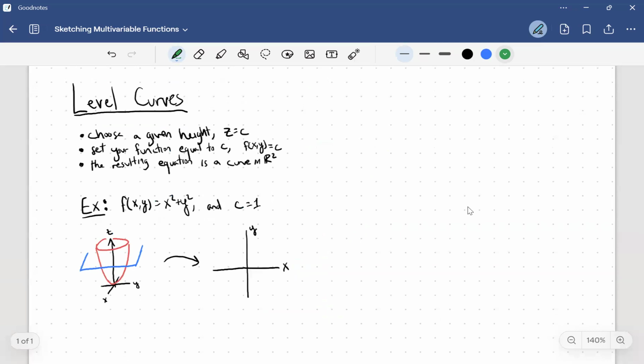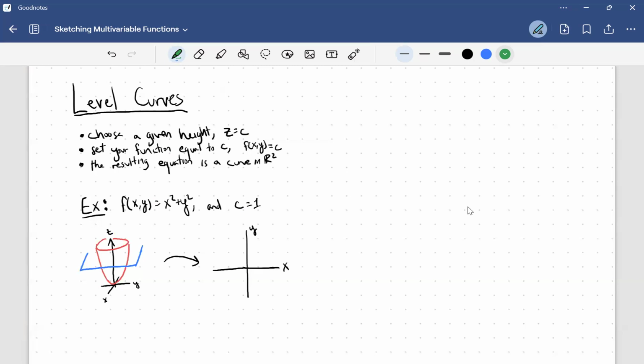So remember, for our level curves, we would have our original function, our f of xy. We would choose a given height that we're interested in. So let's say our height is this value c. And then we would look at the x and y values for which f of xy is equal to c.